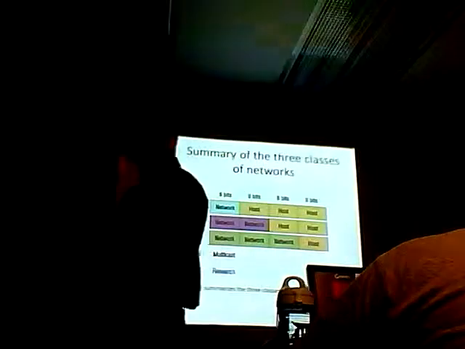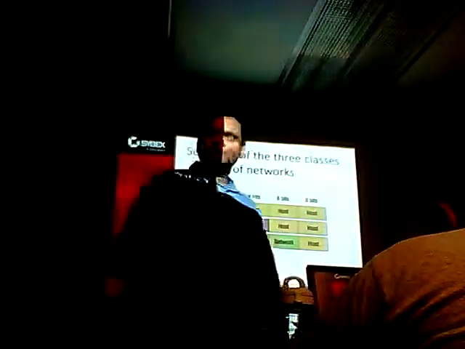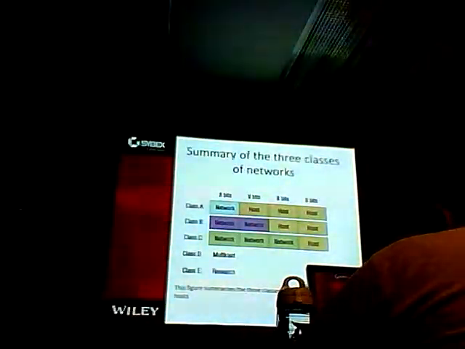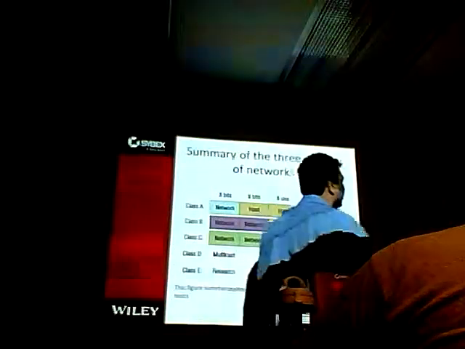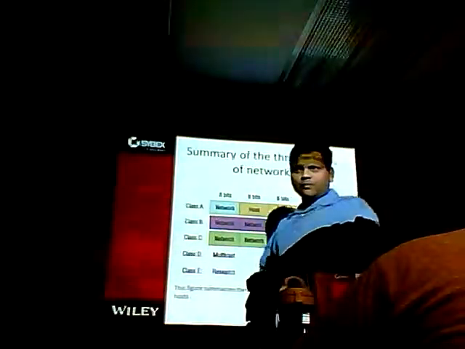Why 1 to 127, then 128 to the next range, 191? Why didn't we come up with 1 to 100, 100 to 150 like that? Because of binary.